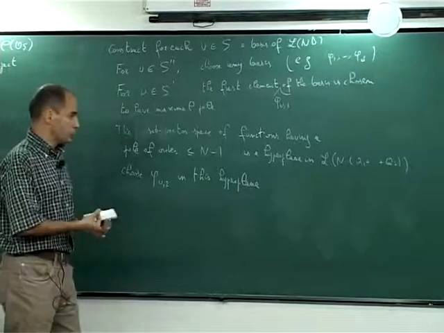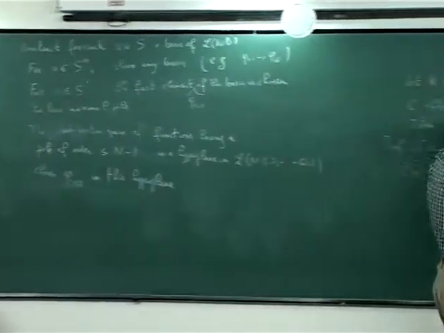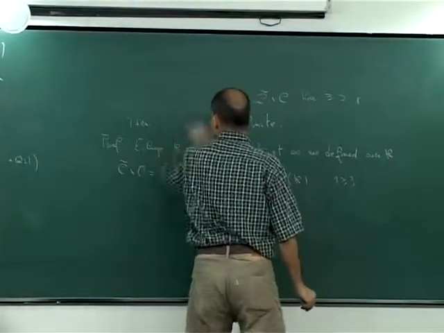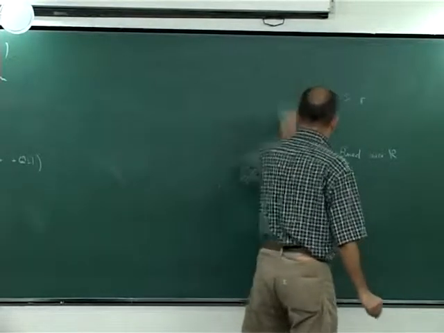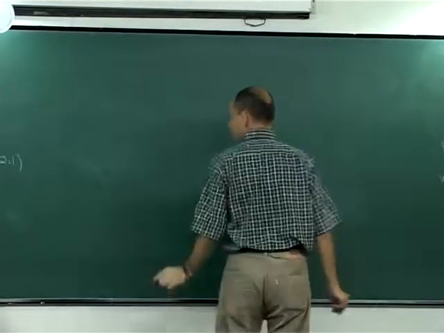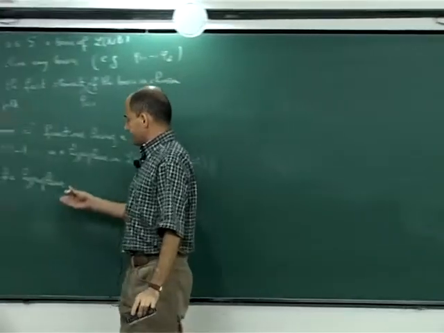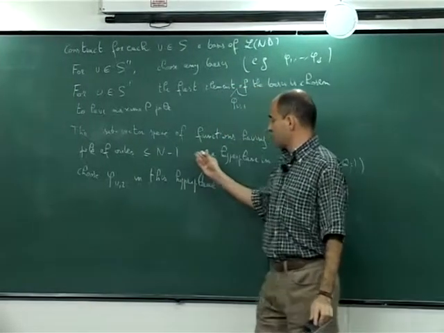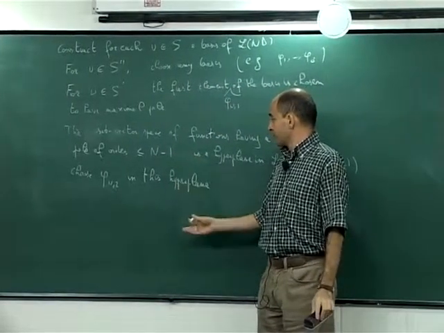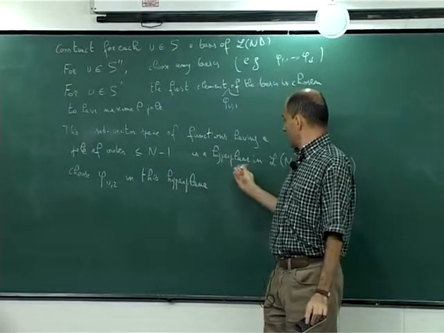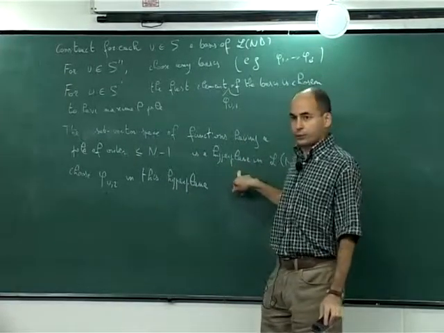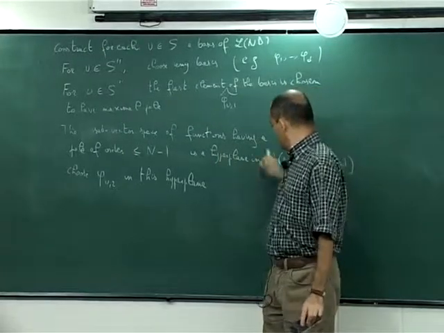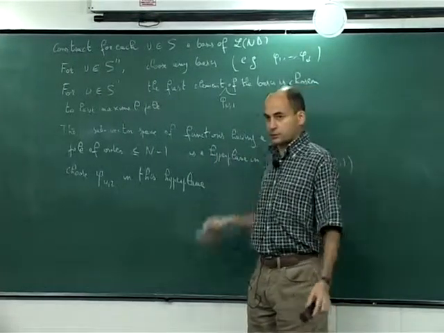So those functions with a pole of order at most n minus 2 either form a hyperplane of this hyperplane, or they form the hyperplane altogether.